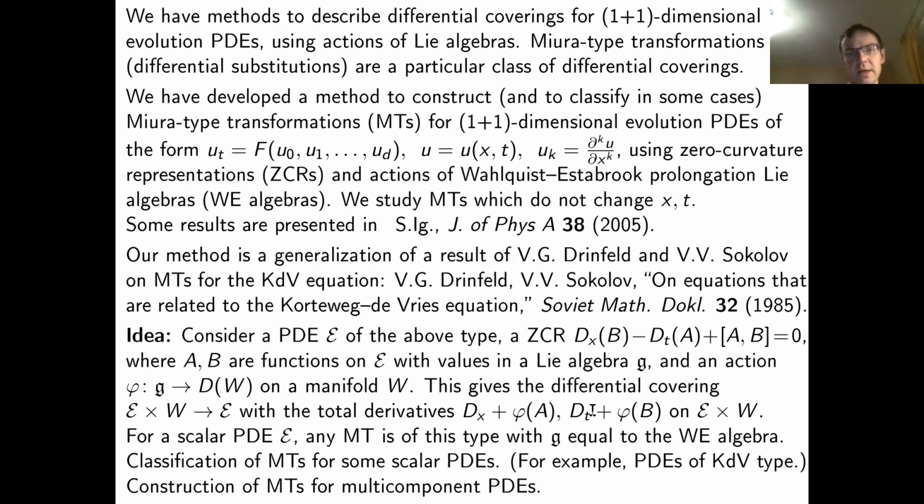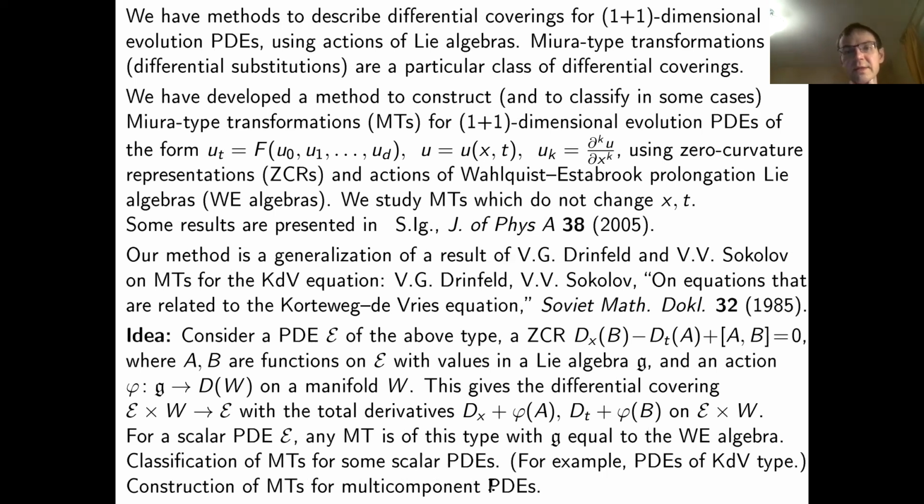Okay, so this is what happens for scalar PDEs. One can get in principle a complete classification if the Lie algebras are described explicitly. For multi-component evolution PDEs of this type, one gets a construction of Miura type transformations.